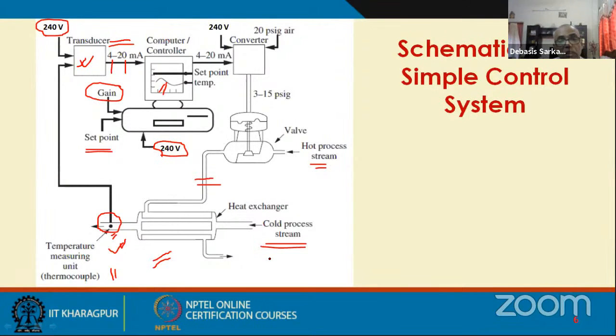Now, that information again is sent by the computer as a 4 to 20 milliampere current signal.